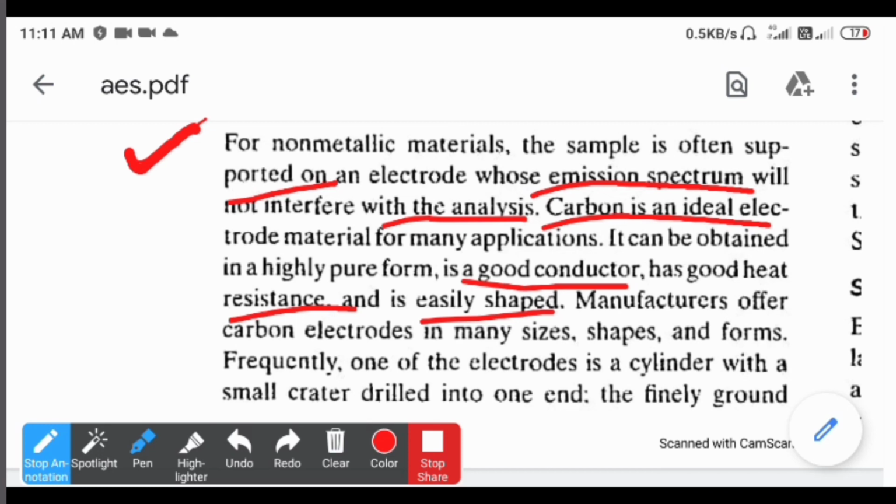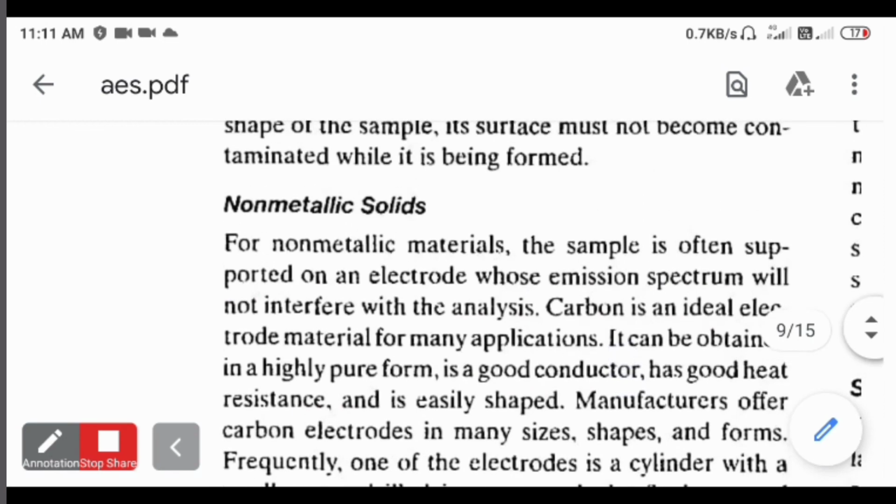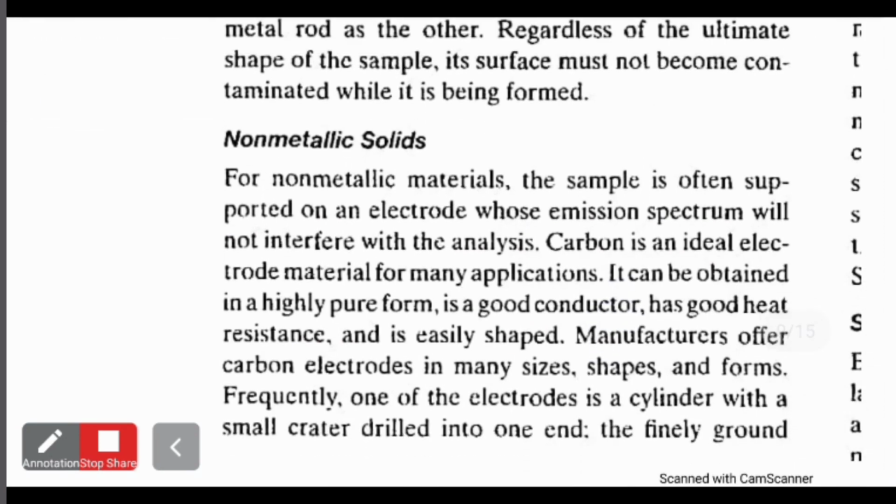Frequently, one electrode in cylindrical form with a small crater drilled at one end is used for our analysis purpose. The various types of these non-metallic or carbon electrodes we will see in the next lecture.